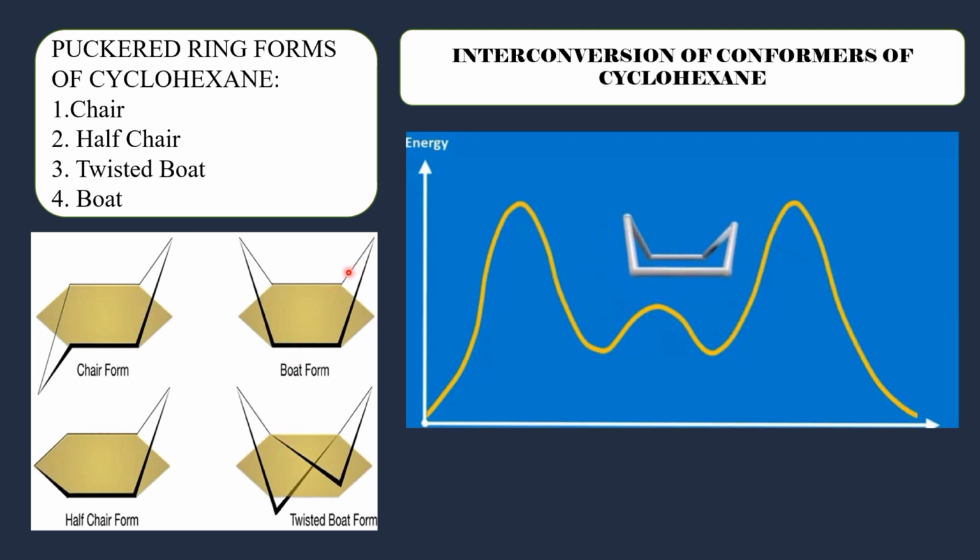Now we have to bring this up carbon down. When we bring this up carbon down, once again it becomes a twisted boat and then it is converted to another half chair and then it becomes another chair form. Let us see how it happens.